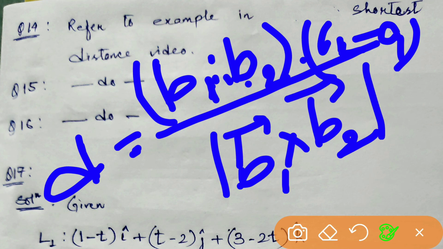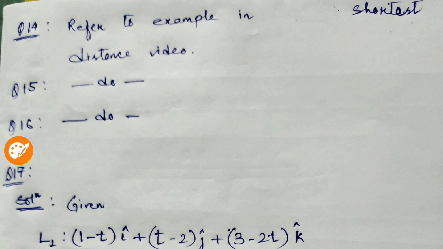We know this for shortest distance between non-parallel lines. Okay, so you can do it. I have done examples in the previous videos, so you use those examples and then do it.